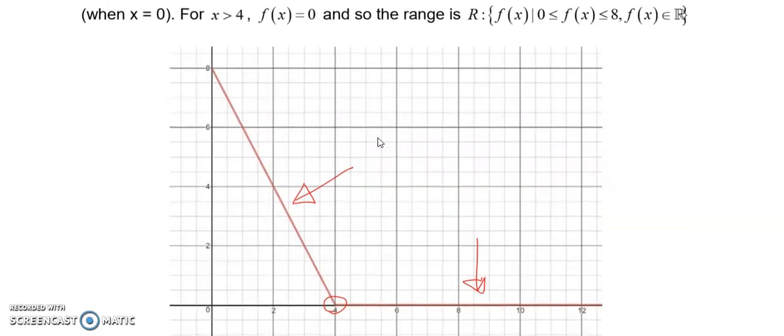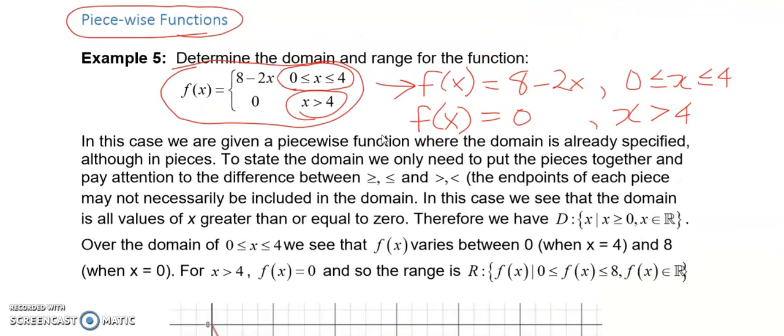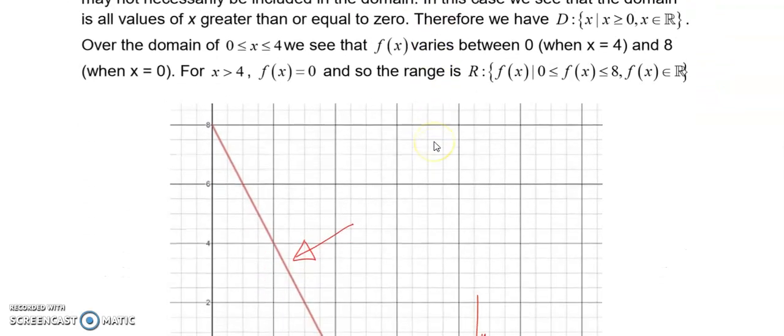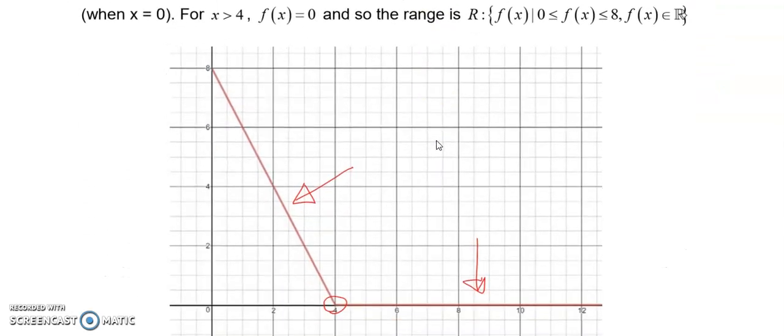And you can get domain and range from piecewise functions as well. The domain basically is just these two things put together. That's what your domain is. And if you look carefully at your graph, you can even see what the range is. So in this case, the domain would be, now let me see, where are the x's? How far to the left does this go? How far to the right does this go? Well, you can see that it ends off right there. That's the smallest x value.